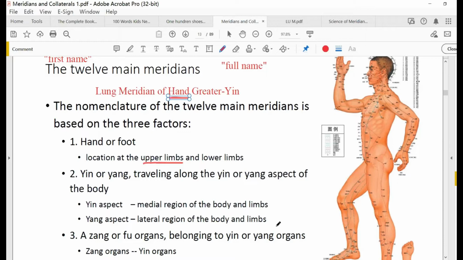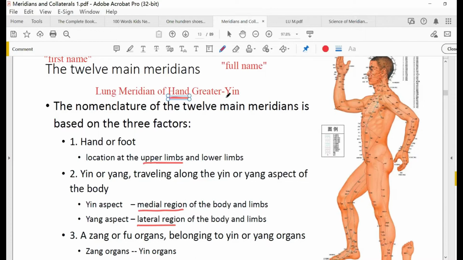In TCM, we always talk about yin and yang. For the body, the medial part belongs to yin. Lateral, or the back, belongs to yang.